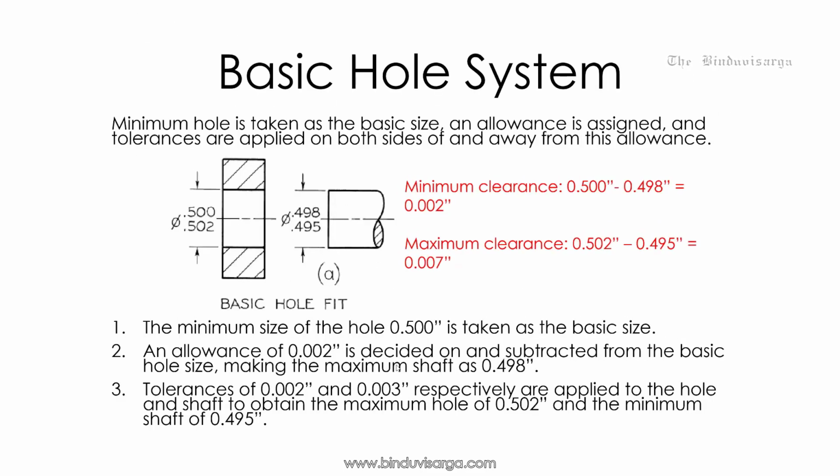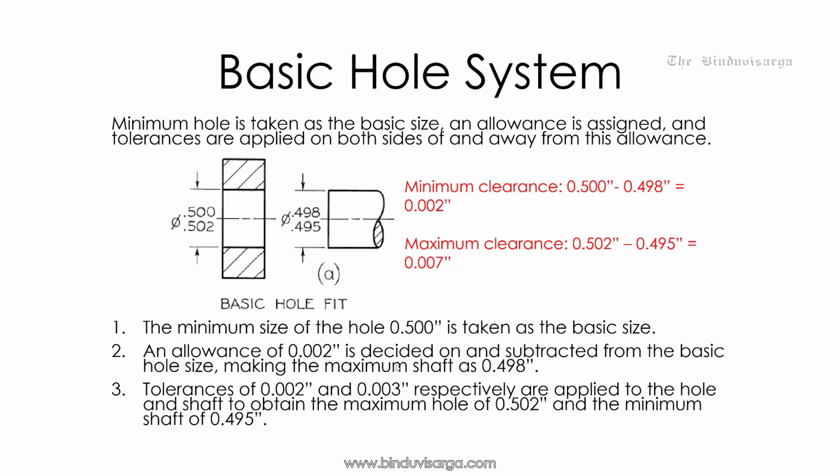Now let's talk about the basic hole system. Minimum hole is taken as the basic size. An allowance is assigned and tolerances are applied on both sides of and away from this allowance.